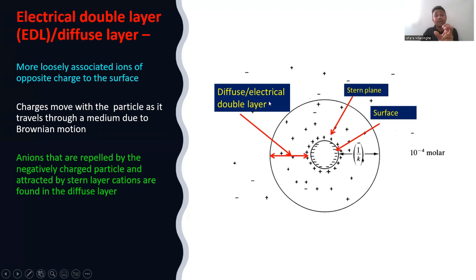Therefore, double layer. Simply, we call it the diffuse layer or double layer. Now you know this is the surface, it is negative. The next layer is the Stern plane, which has the opposite charge. Next to that is the electrical double layer, which contains both charge combinations.